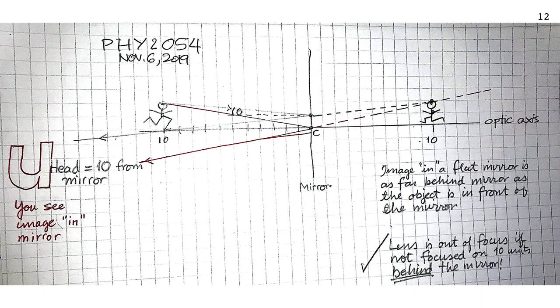And the top of his head is 2 blocks above the optic axis. So there's my little stick figure of a guy dashing for the bus or what have you. Now the top of his head is 10 units from the mirror.